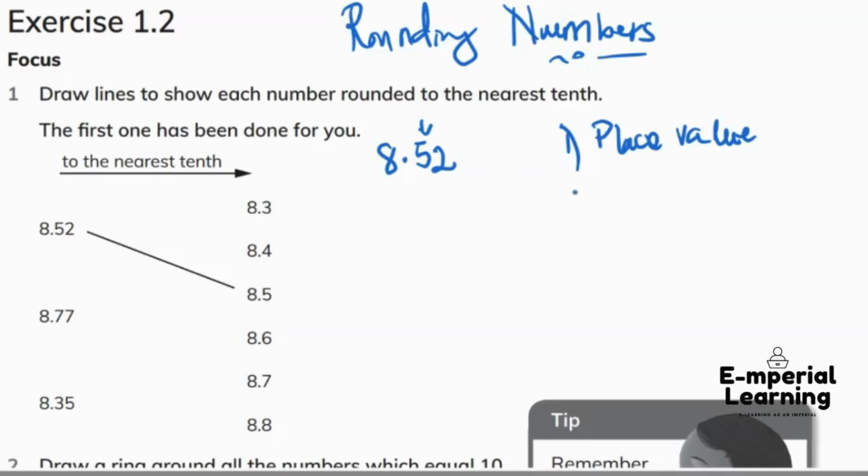The next thing is to consider the number to the immediate right of that digit. And the number to the immediate right of 5 is 2.